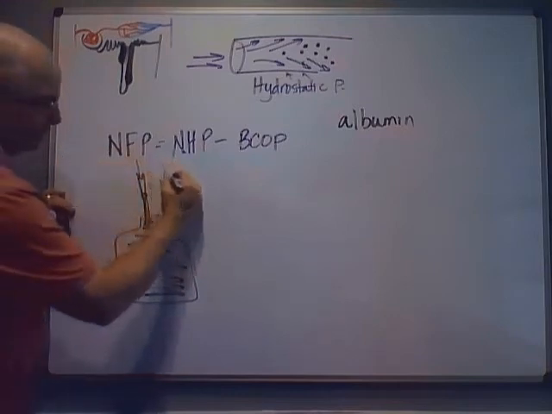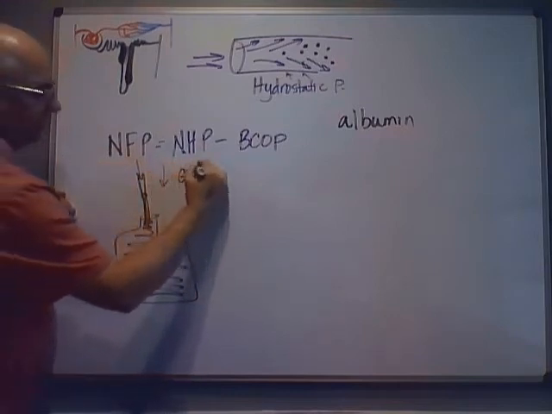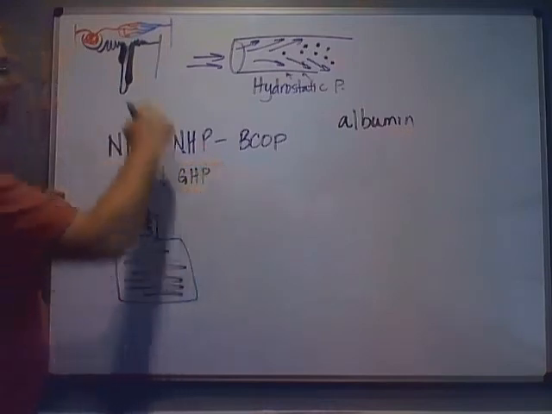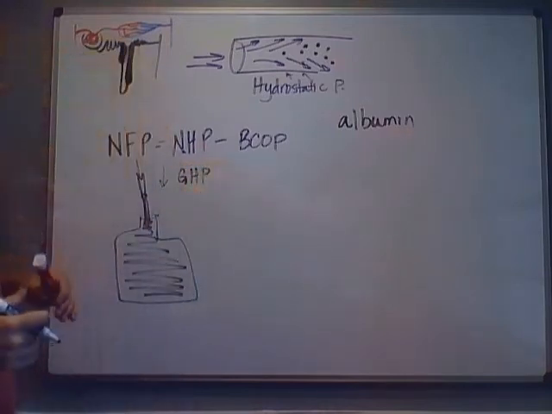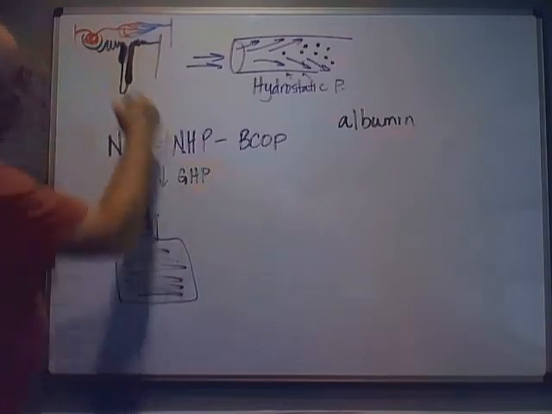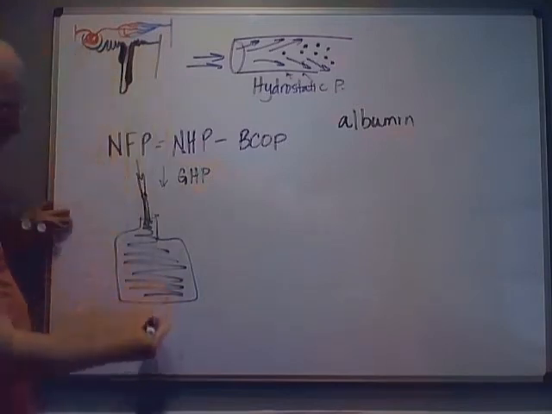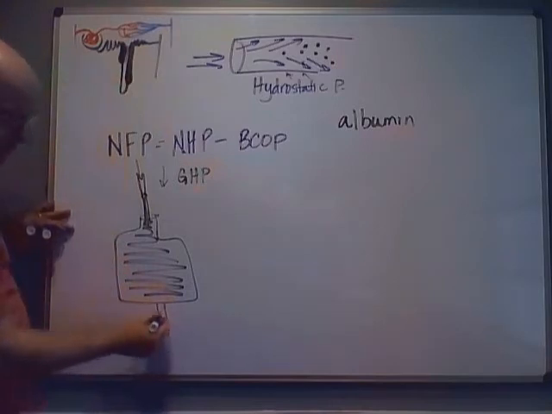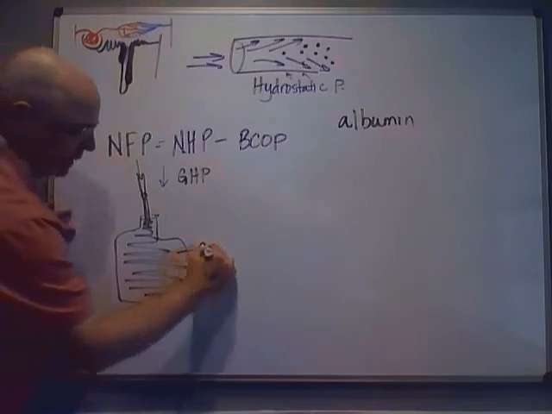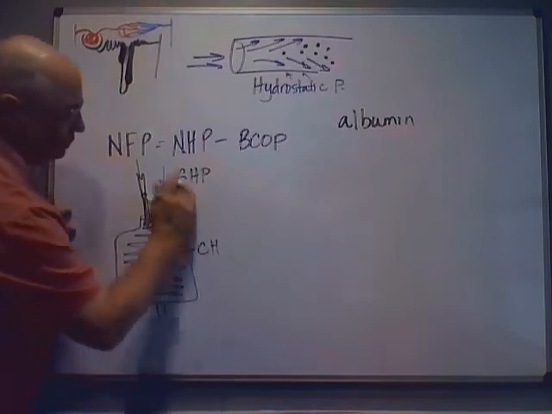Well, this pressure pushing down is going to be called the glomerular hydrostatic pressure. That's the hydrostatic pressure inside the glomerulus. This is going to be the capsular space, the space inside the Bowman's capsule, and then I would have the proximal convoluted tubule that can drain it.